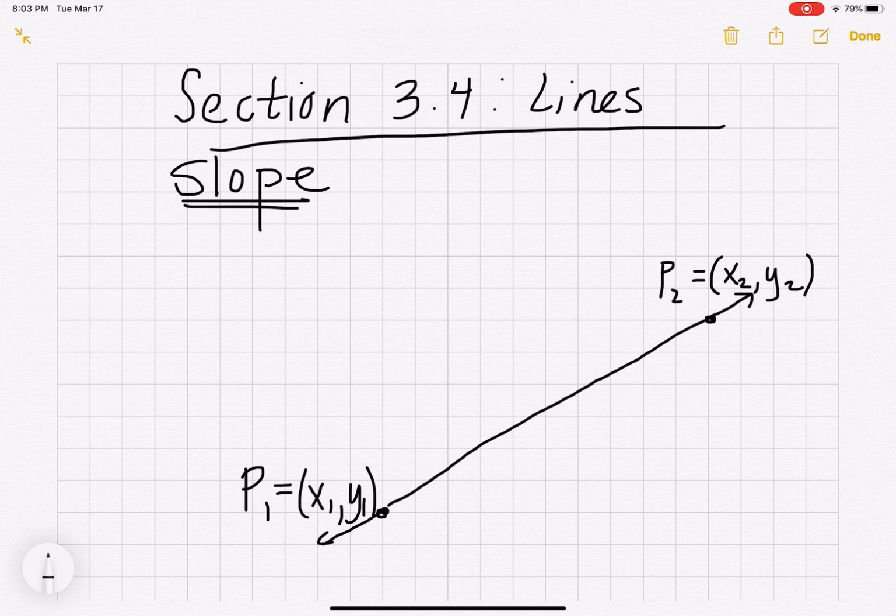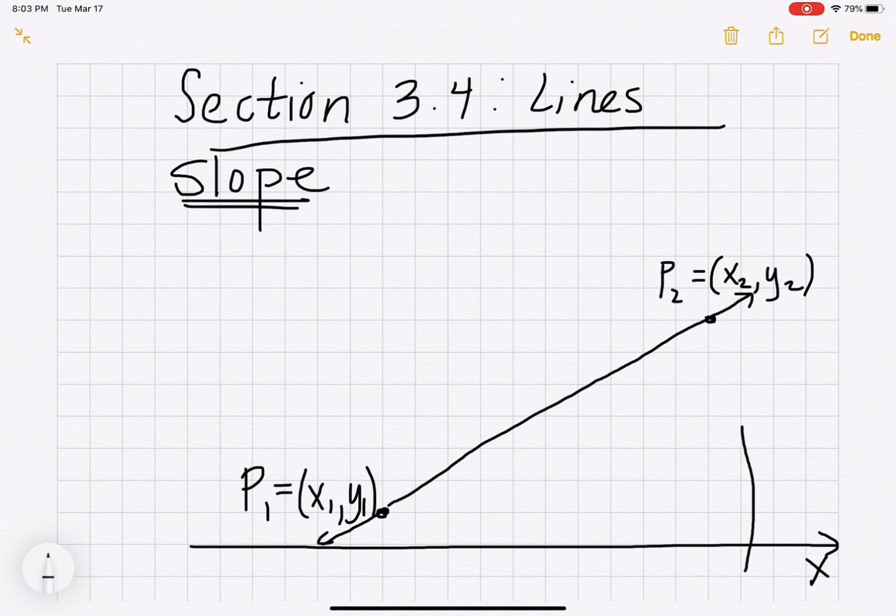Now down here, let's imagine that this is the x-axis, and here we have the y-axis. If I trace this point to the x-axis and this point to the x-axis, I'm going to have that this is x1, right? That's the x-coordinate of P1.